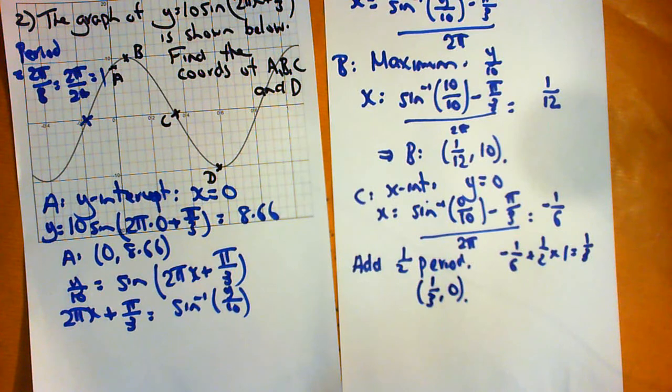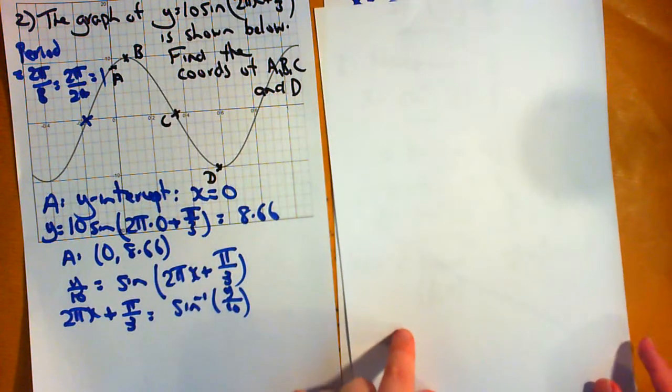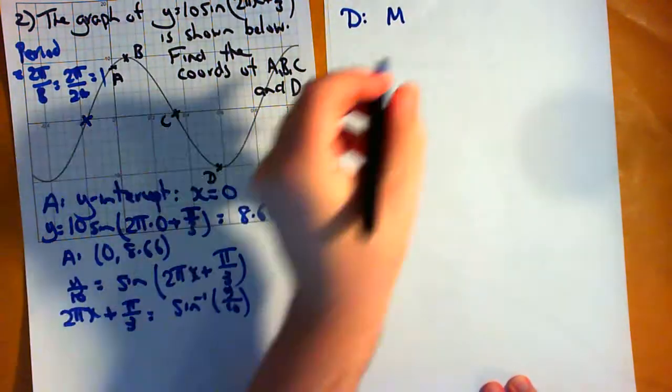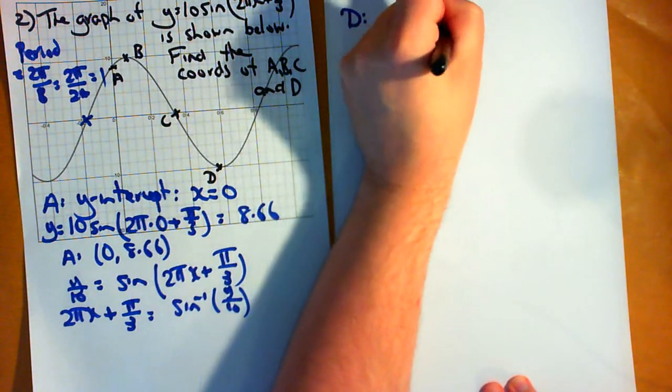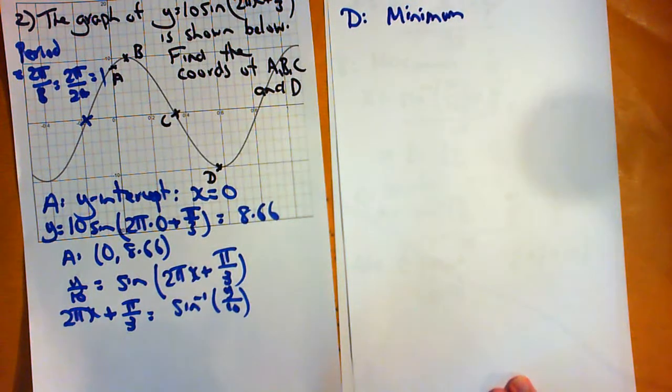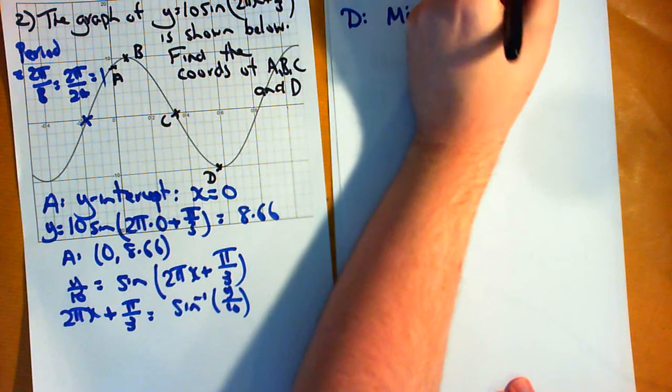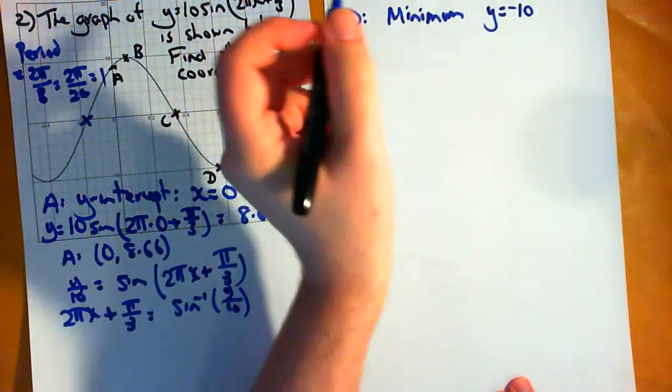One other point we need to work out, and that is point D. So for point D, let's work out the y. We're looking at the minimum of the graph. The normal sine function, without a number in front, has a smallest value of negative 1. So 10 times the sine function will have a smallest value of negative 10. So for the minimum, we have y equals negative 10.